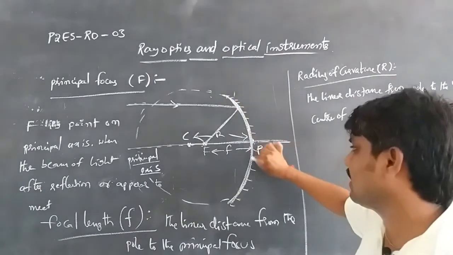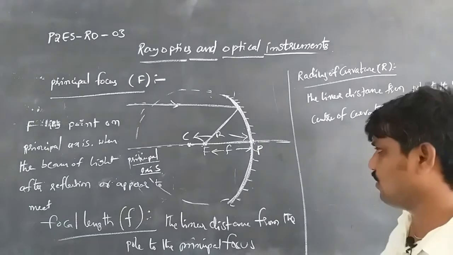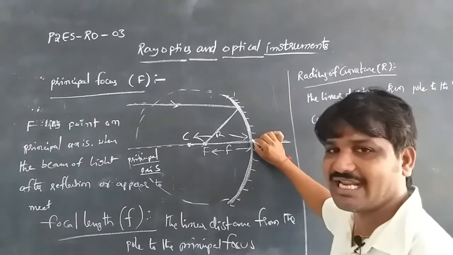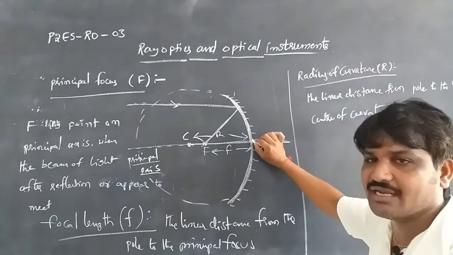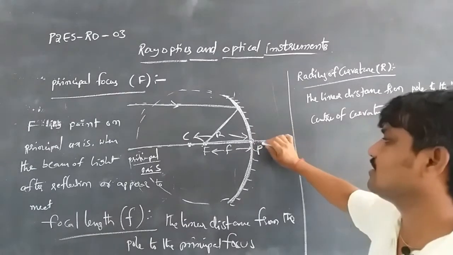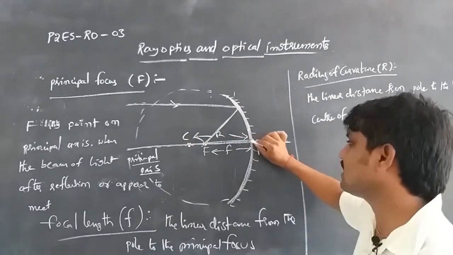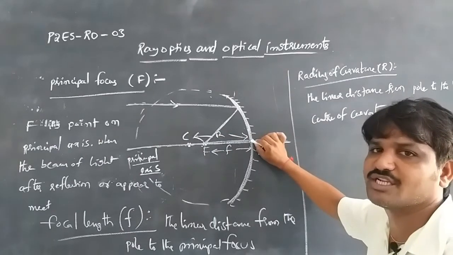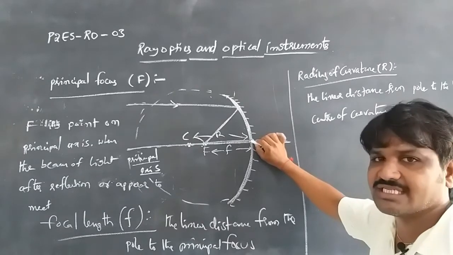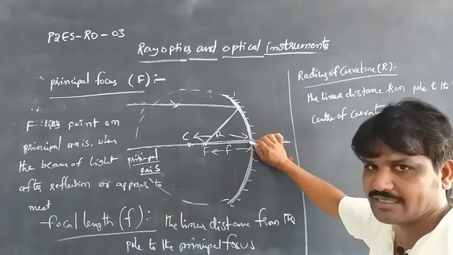The imaginary line joining the center of curvature to the pole is called the principal axis, and it divides the mirror, or sphere, into two parts.